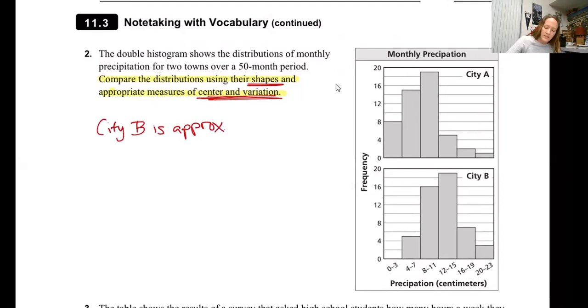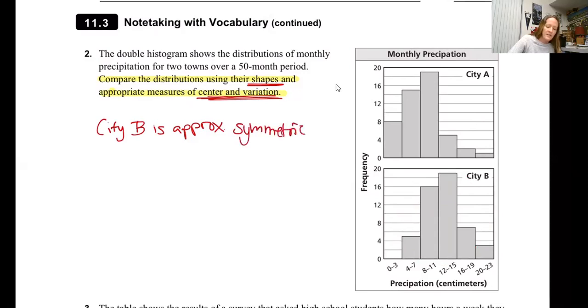If I was to cut this right down the middle, somewhere here-ish, I'm just guesstimating, I know it's not exactly the same on the right and the left, but the data does seem pretty centered right here in the middle, with some tapering off on this side and some tapering off on that side. That end, I would call city B roughly symmetric, but not city A.